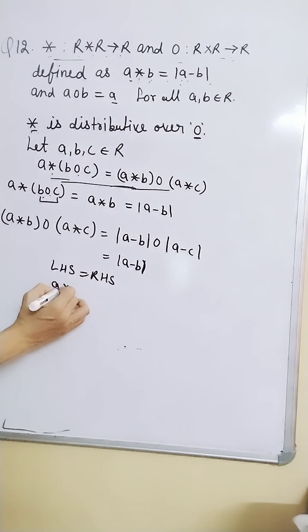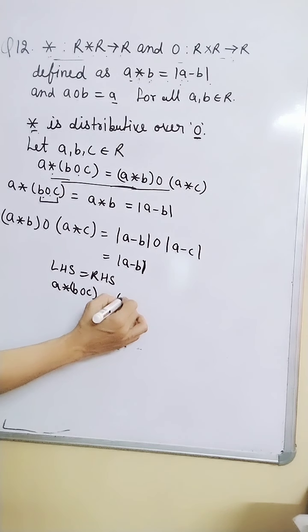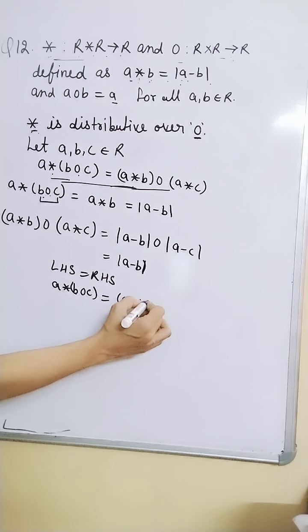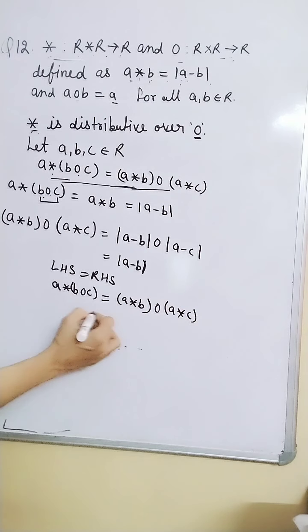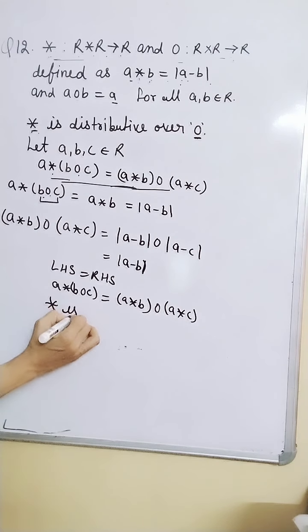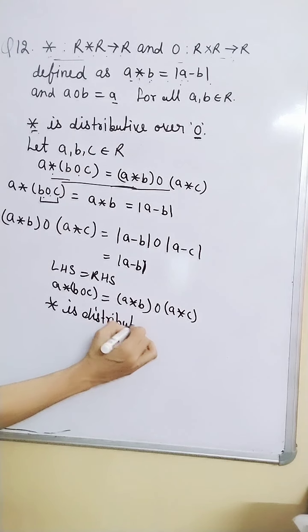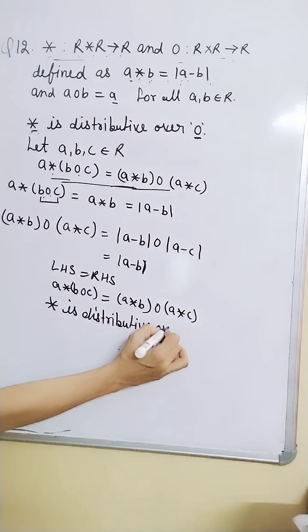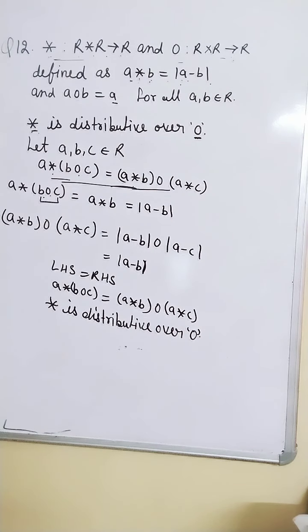It means A o (B o C) equals (A o B) o (A o C). These two sides are equal. It means this operation is distributive over the other operation. Clear?